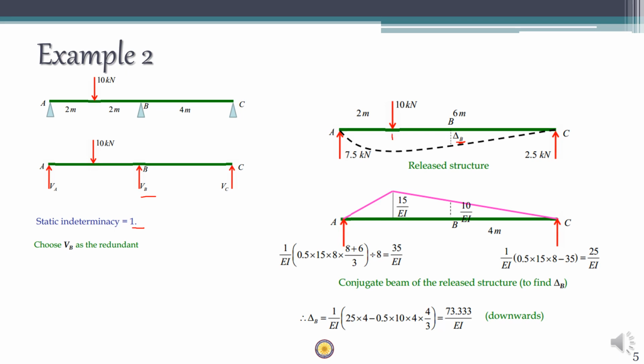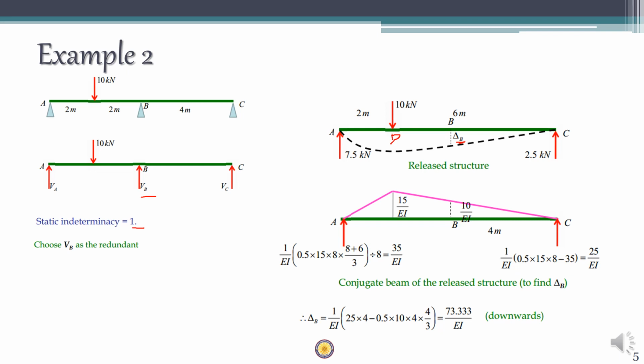Let this portion be called D. At D the bending moment is going to be 7.5 into 2, or 2.5 into 6, which amounts to 15. The bending moment diagram peaks at 15 and is 0 at the supports, connected by straight lines because there is no UDL. So the M by EI diagram is this.